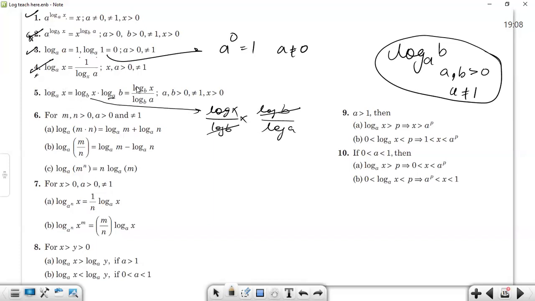And when we open this, this is logarithm of x upon logarithm of b, and this is logarithm of a upon logarithm of b. Again these get cancelled and it becomes 1. Understood?